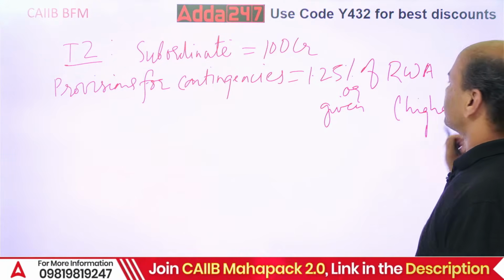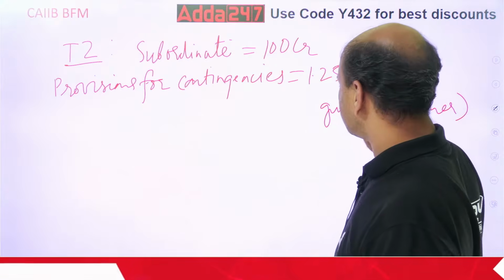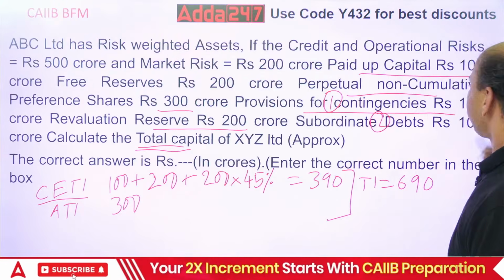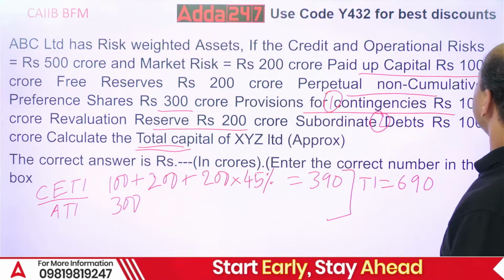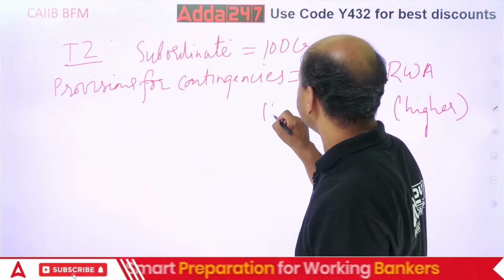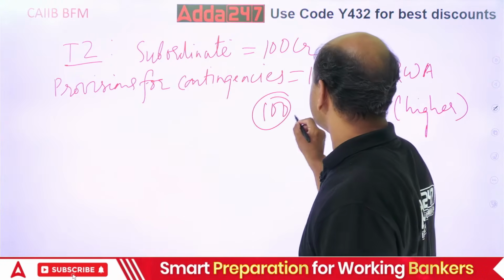Now solve this. What is the given figure? 100 crore. So the given figure is 100.